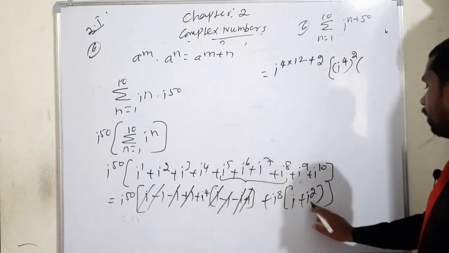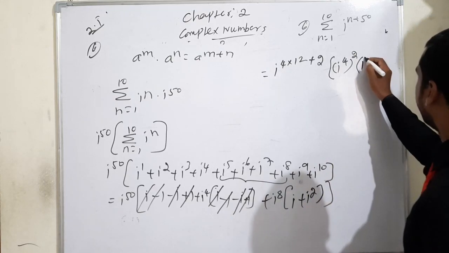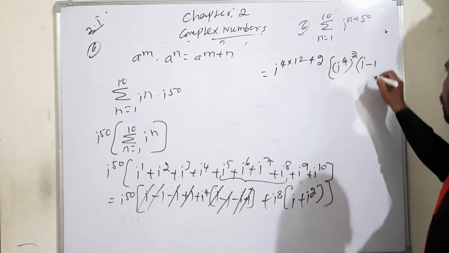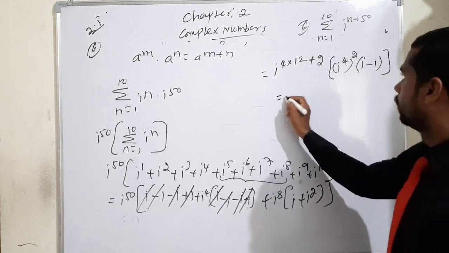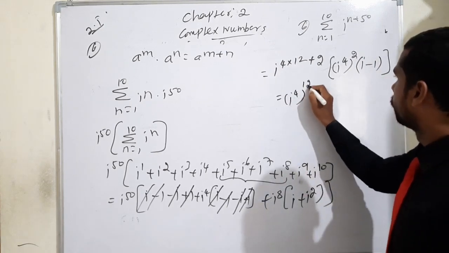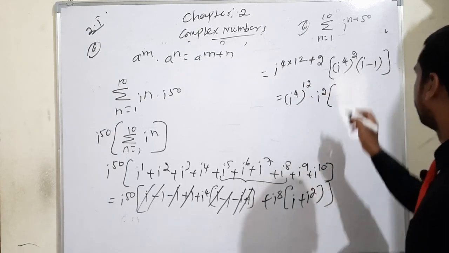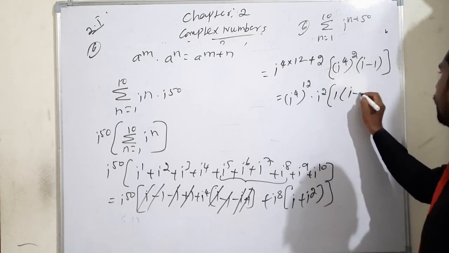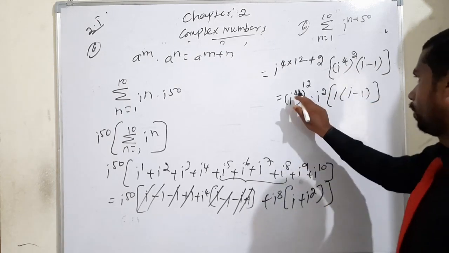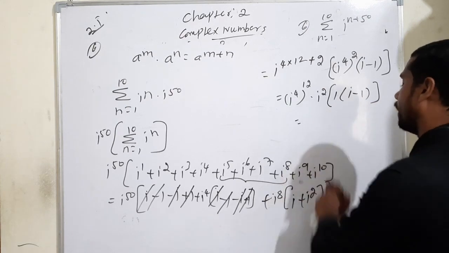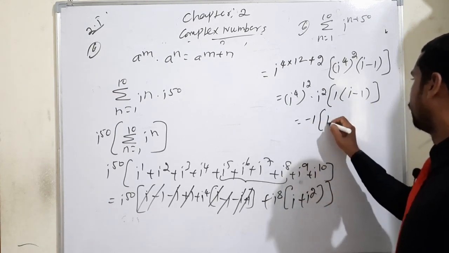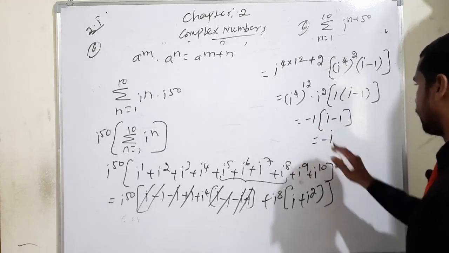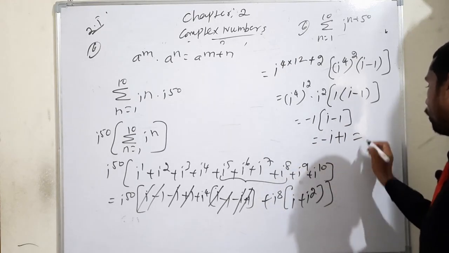Then inside, I to the power 1 means I will come, I square is minus 1, isn't it? Again I to the power 4 the whole power 12 into I square, and I power 4 means the value will be 1, 1 square means 1 will come, again I minus 1. Here 1 power anything means value will be 1, 1 into I square means minus 1. Inside I minus 1 is there, again minus 1 into I, minus 1 into minus 1, positive 1.